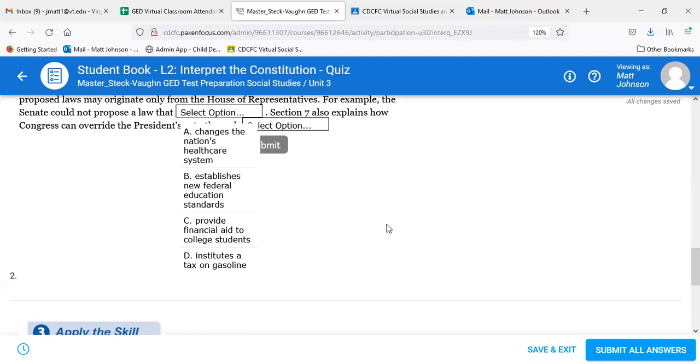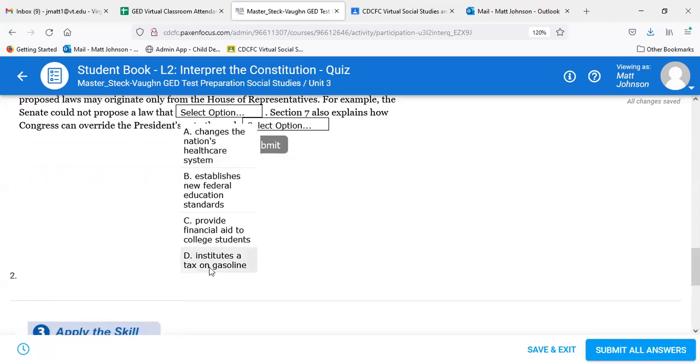B, establish the new federal education standards. C, provide financial aid to college students. D, institute a tax on gasoline. I think the Senate could not propose the law that D, introduce the tax on gas.